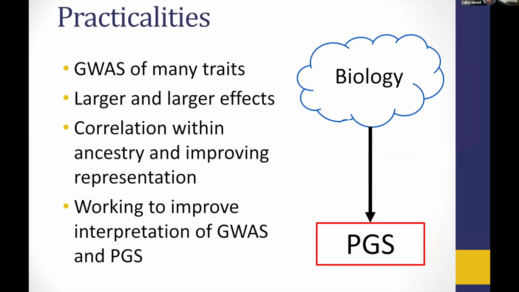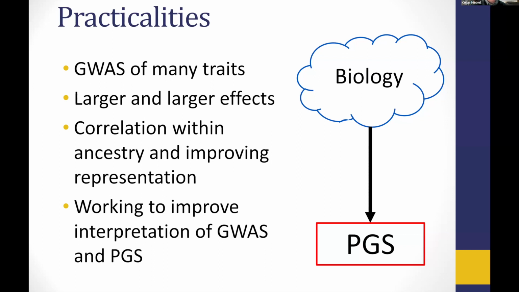So, as I mentioned, this is mostly still the first lecture. There have been GWASs on many, many traits, and I can't stress that enough. So many traits. There's whole databases on all of the GWASs that have been created. And as we've gotten bigger studies and maybe better measured studies, we've gotten larger and larger effects and therefore better prediction.